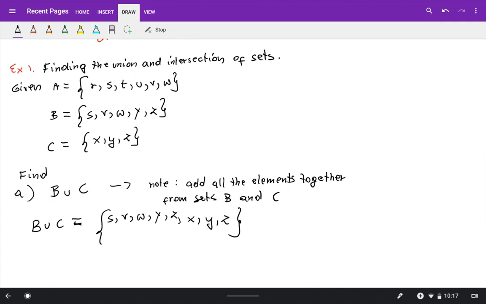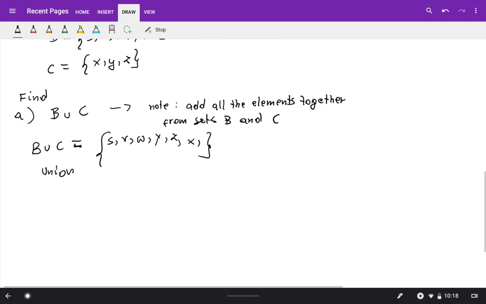We don't want to have repeats. I have S, V, W, Y, then I have Z, X. I already have Y, so I'm going to remove this Y because we don't copy them twice. And I already put Z from the previous set, so you're not going to list that Z. This is our union. We're just adding the elements together.